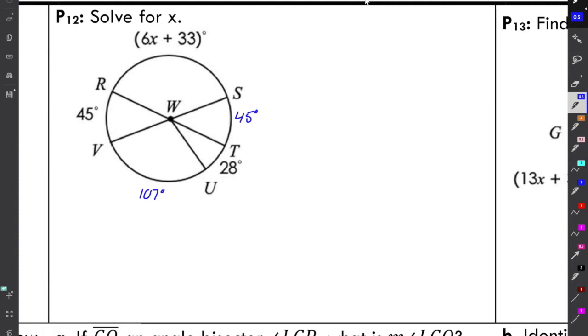In all seriousness, I didn't even really need to do that because all I need to know is this angle.